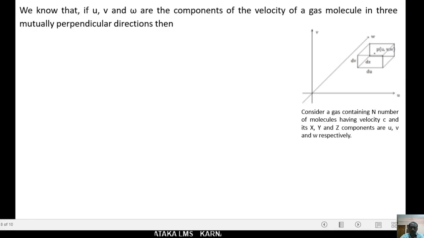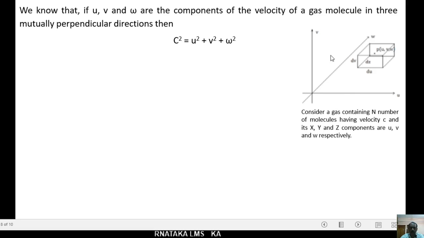You know that if u, v and w are the components of the velocity of a gas molecule in 3 mutually perpendicular directions, then c square equals u square plus v square plus w square. This is according to Maxwell's distribution law of velocity.